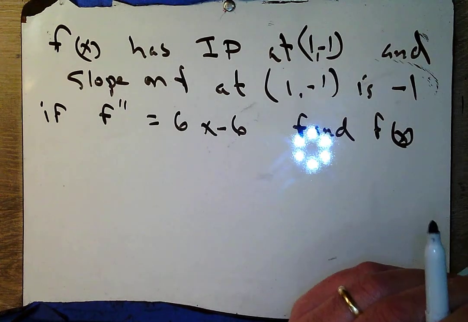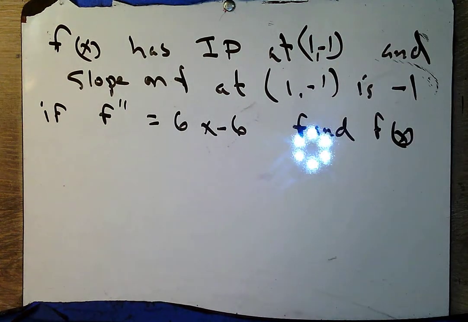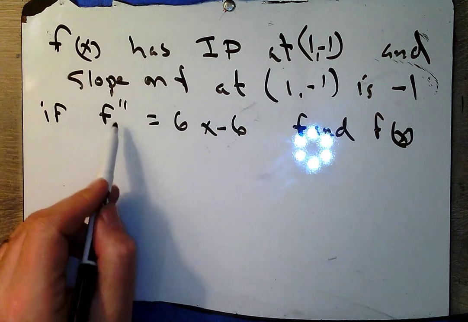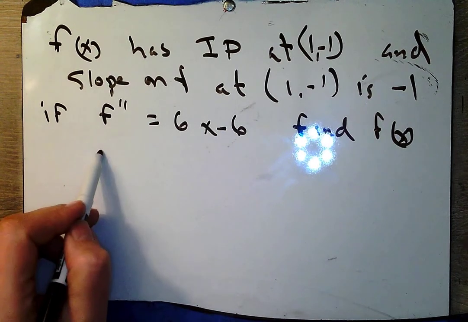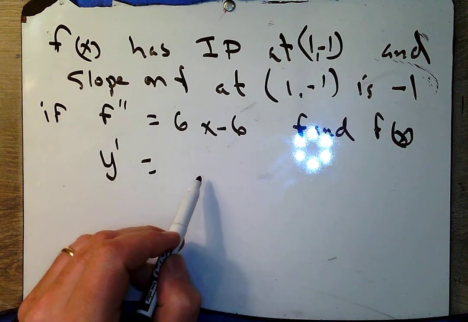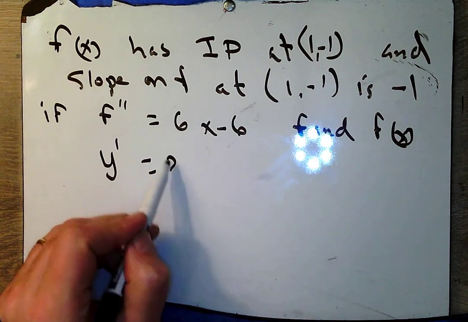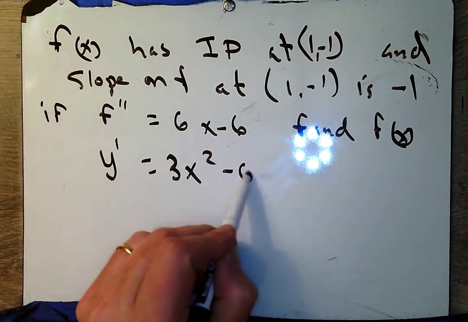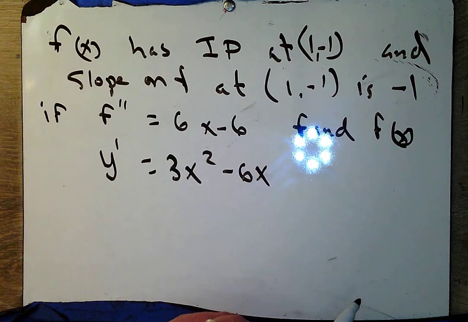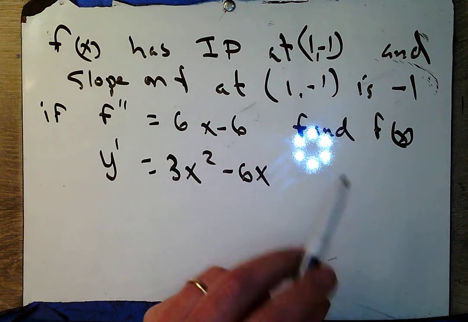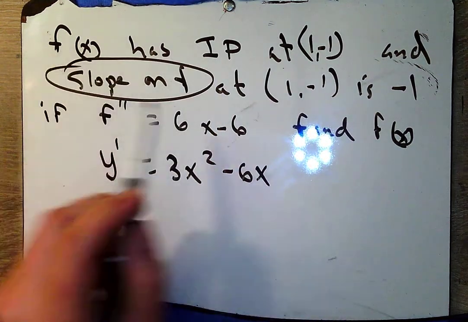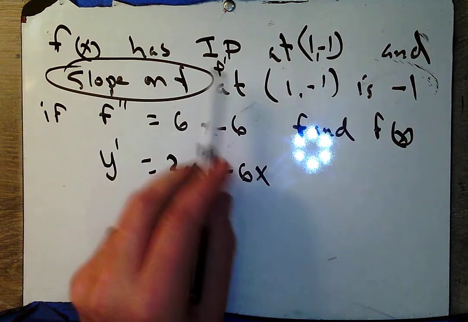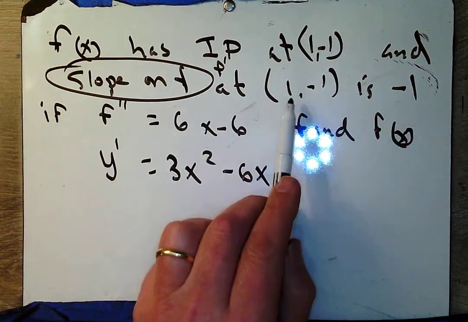Well, I think what we need to do is we need to recognize that this is the second derivative. And if I integrate the second derivative, I'm going to have y prime equals 3x squared minus 6x. Now, what do we know? Well, we know that the slope of f, that's called f prime. f prime is -1 when x equals 1.